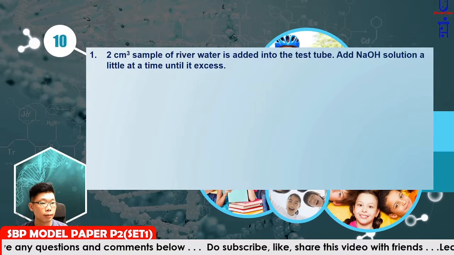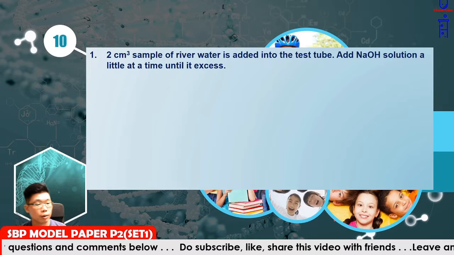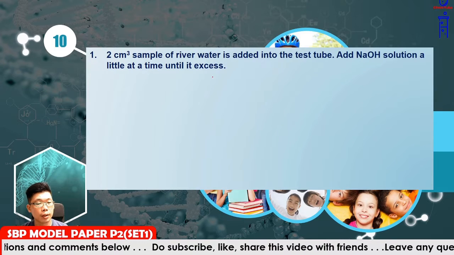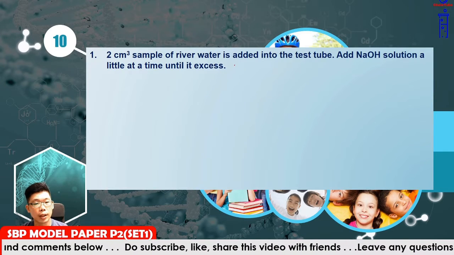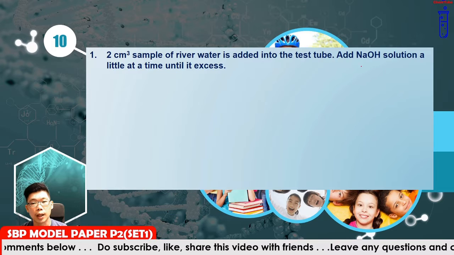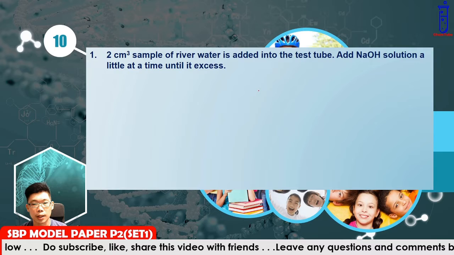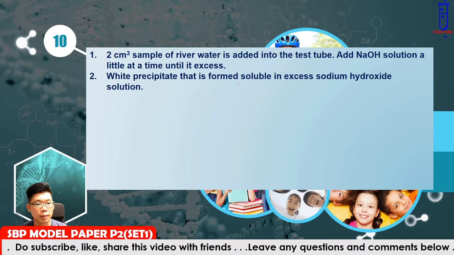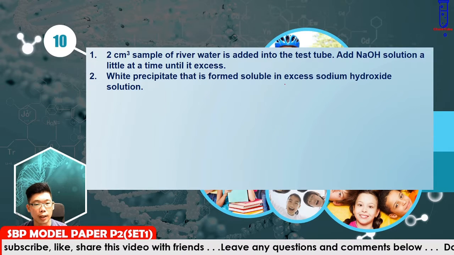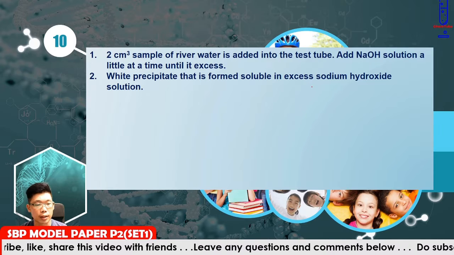So how are you going to write this answer? Put 2 cubic centimeters of sample river water into a test tube, then add sodium hydroxide solution a little at a time until excess. A white precipitate forms, soluble in excess sodium hydroxide solution.